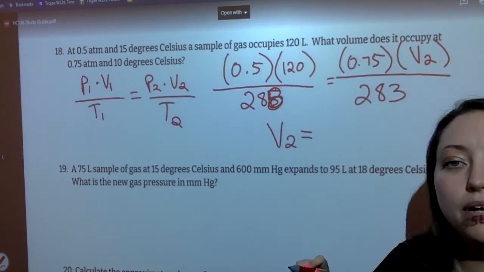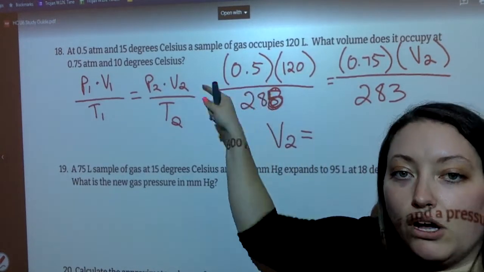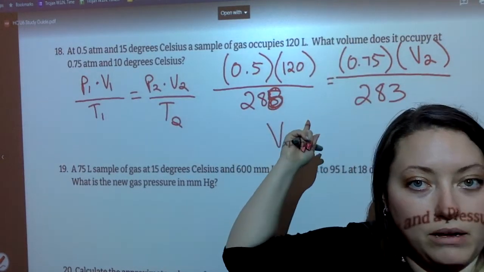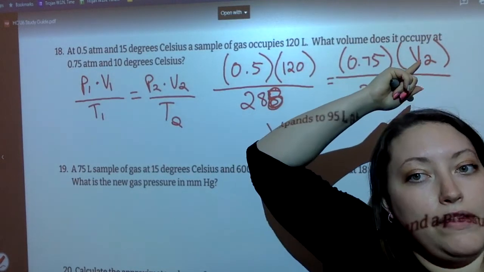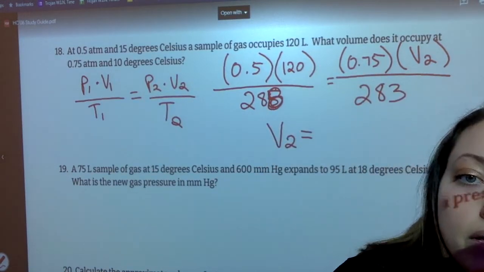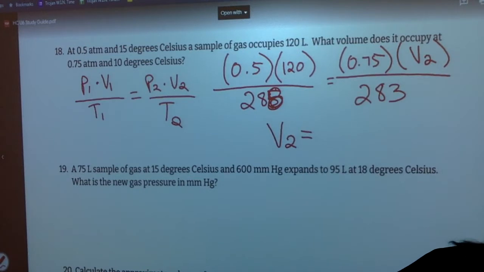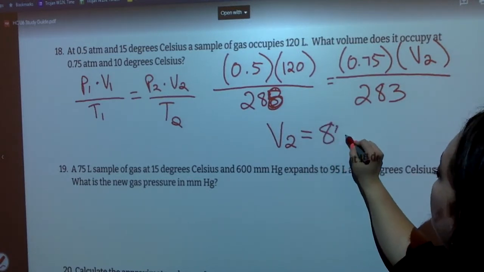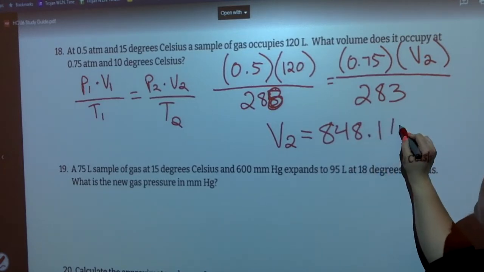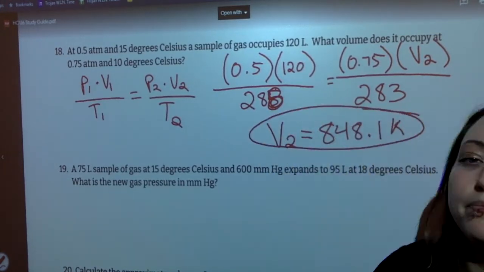Okay, so now you just need to solve this side and then multiply 283 on both sides to get that out, and then isolate V2. So you'll divide 0.75 from both sides at that point. So if you put this on your calculator, you're going to end up with 848.1.